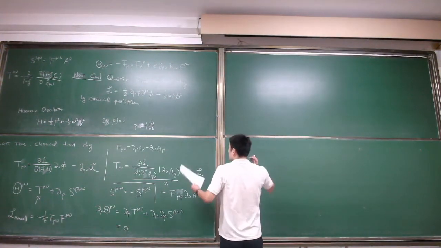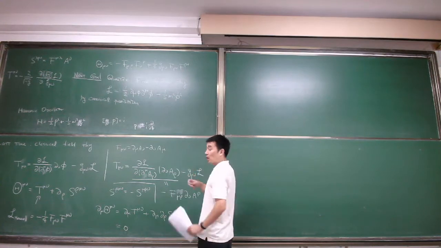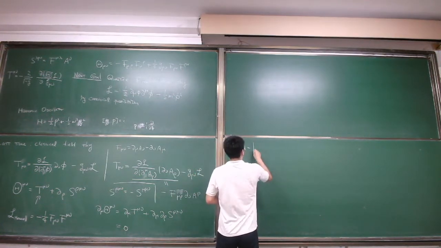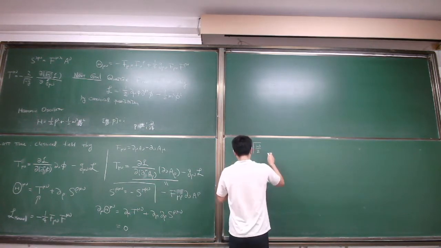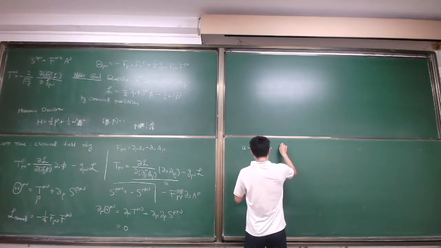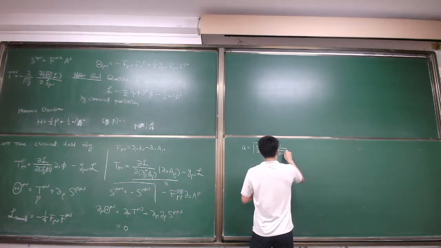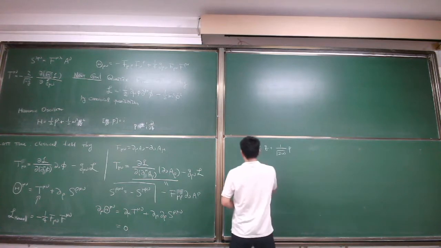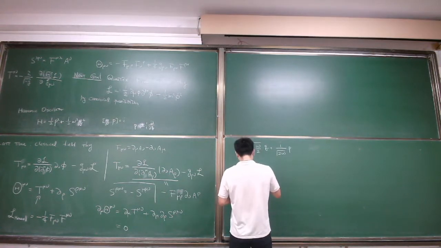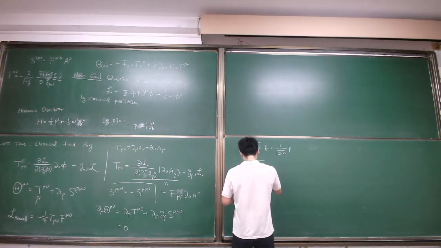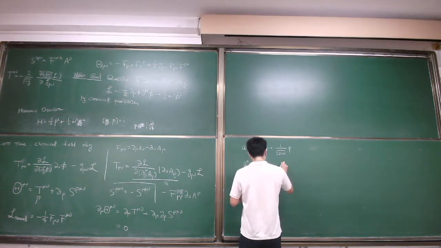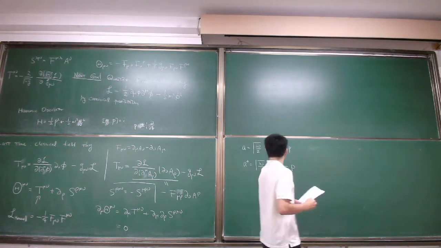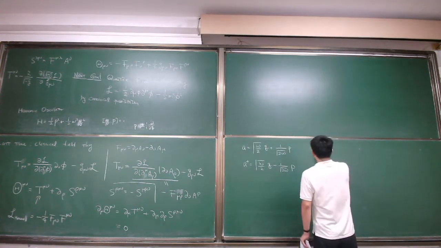Then, to see the spectrum of the harmonic oscillator, we introduce, as we know, already a very familiar thing: A equals Q plus I square root of omega P, and A dagger is equal to its conjugate.